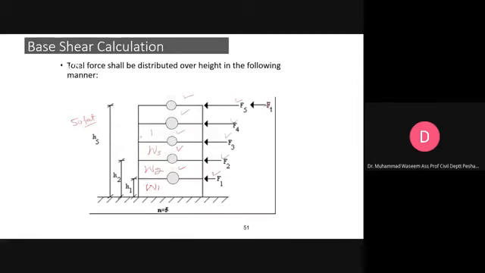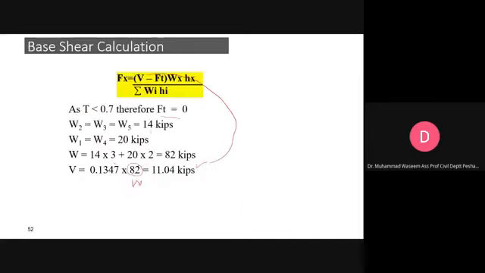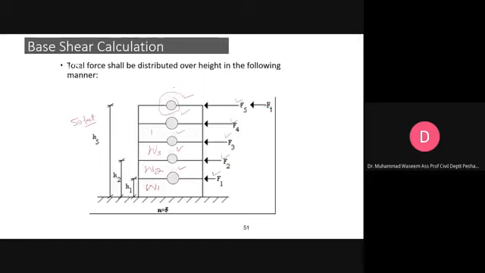Now we have a 5-story building, and every story has a different weight and different height, and this starts from the ground. Basically you have to use this formulation. You have to plug in Ft equal to 0, and for example you are calculating F1, so you should multiply W1 into H1.